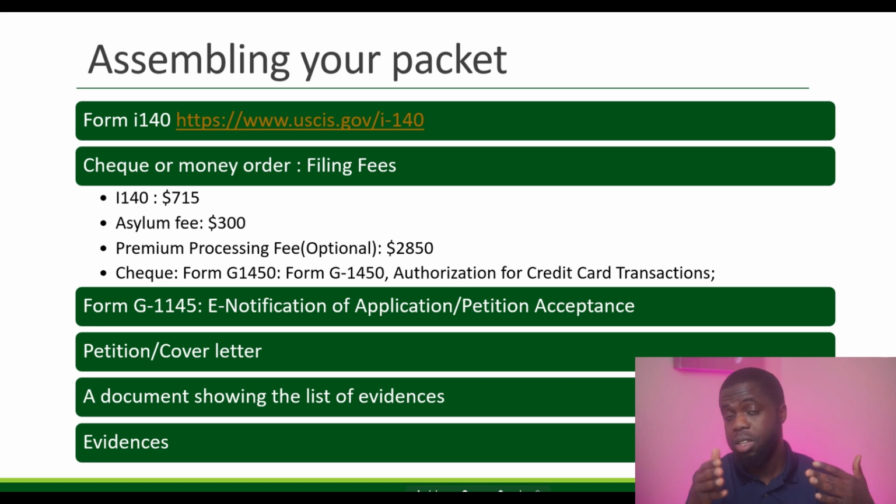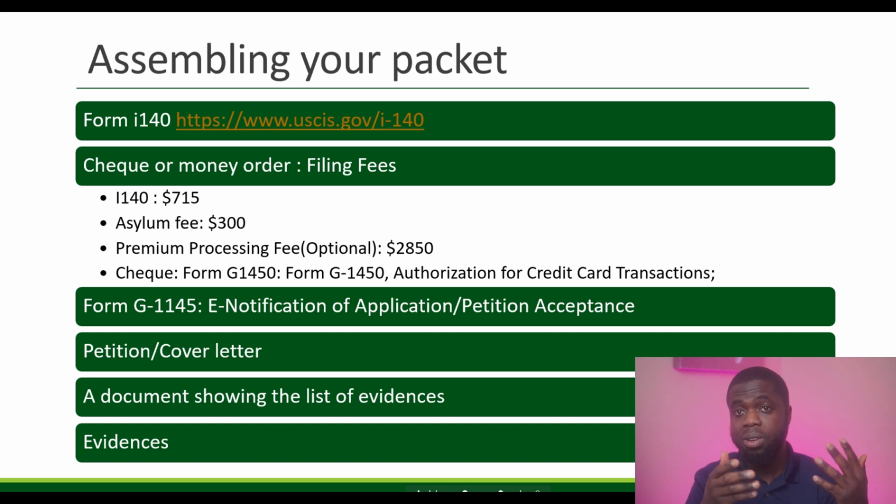For a lot of other people, sometimes they are in haste and need to make a decision. The decision to do premium processing is on you. Are you able to wait 1 year, 16 months or 18 months before you get feedback about your application? That's one of the major reasons. The other reason is that it's current.